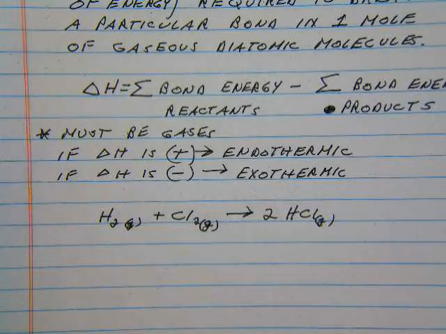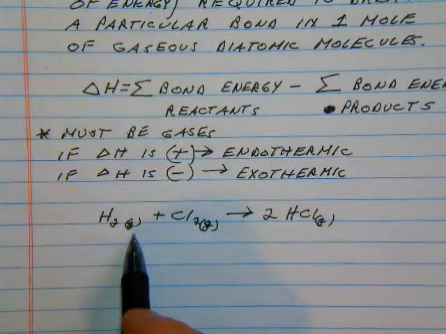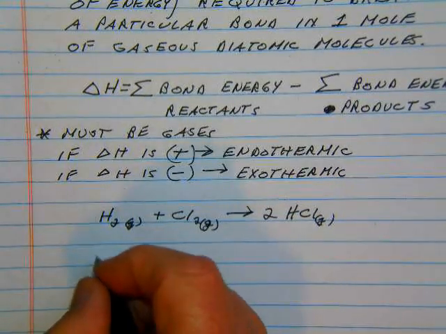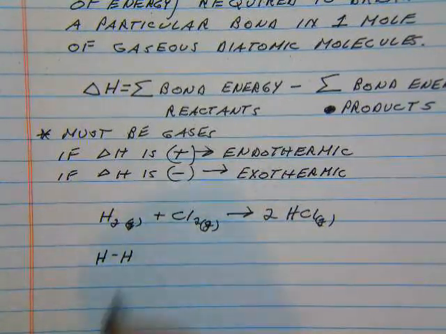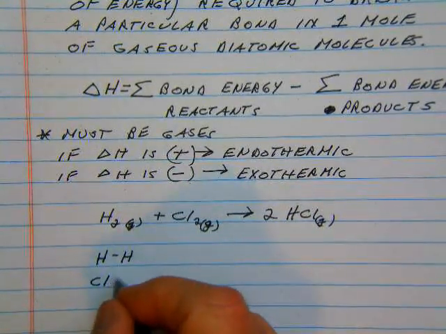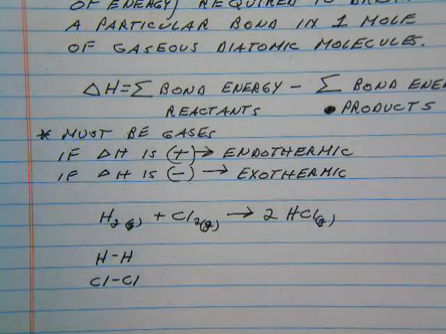This is also where your Lewis dot diagrams come in. So we're going to look at what's happening on the reactant side. We've got H2, so we have an H-H single bond, and we've got chlorine, Cl-Cl, which is also a single bond.